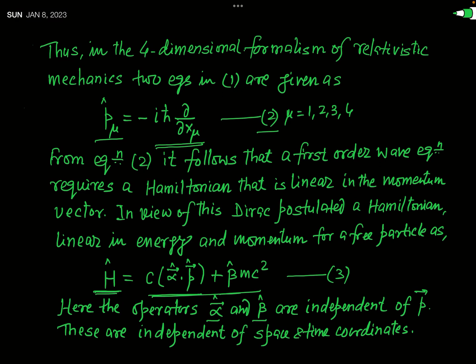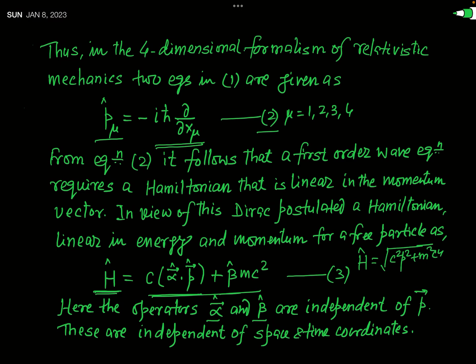As you know, the relativistic Hamiltonian, which was used in the Klein-Gordon equation, was of the form square root of c square p square plus m square c to the power 4.